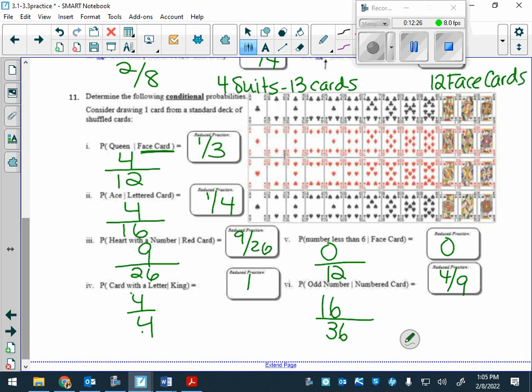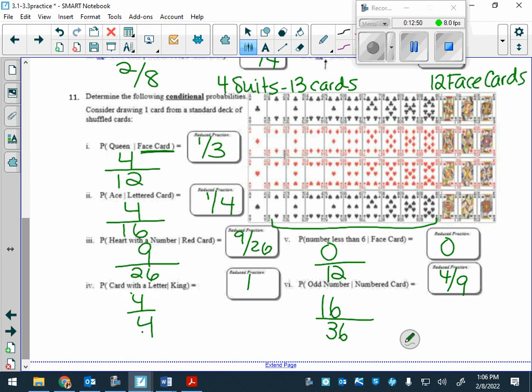Okay, so we have 36 numbered cards. Okay, and then out of odd numbers, 4 3s, 4 5s, 4 7s, and 4 9s. Okay, so that's how we get the 16 out of 36, which is 4 9s.